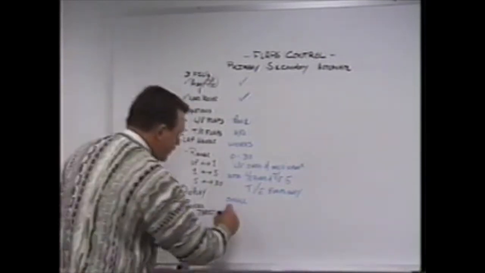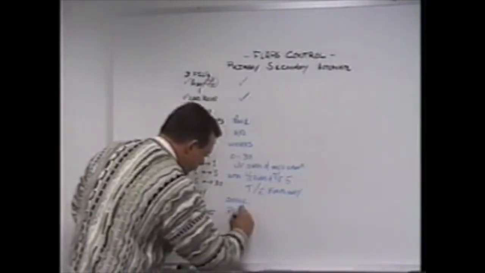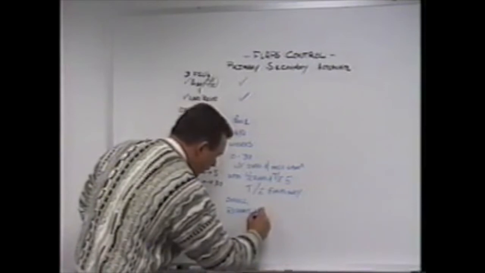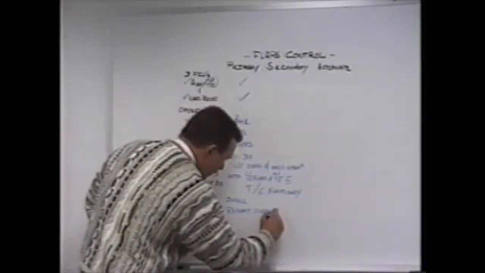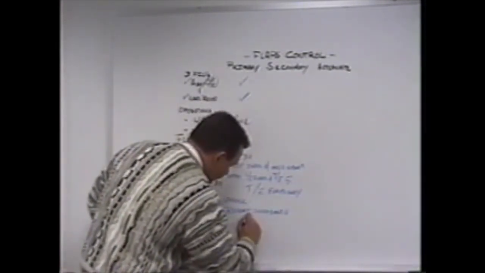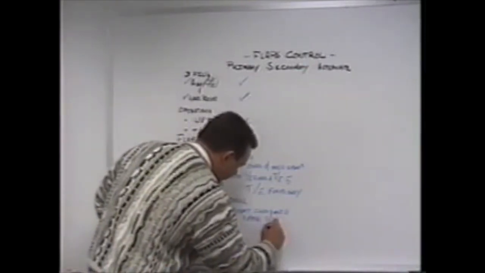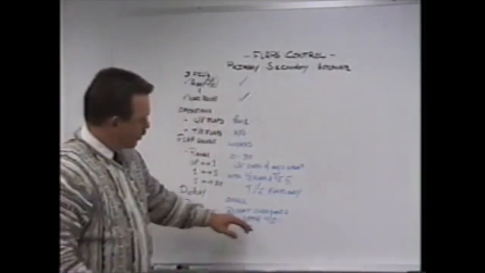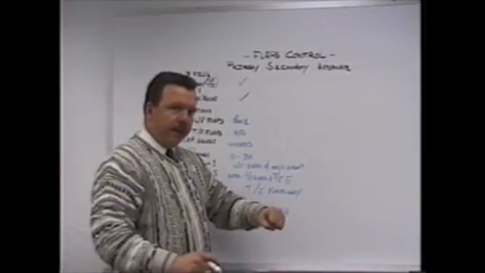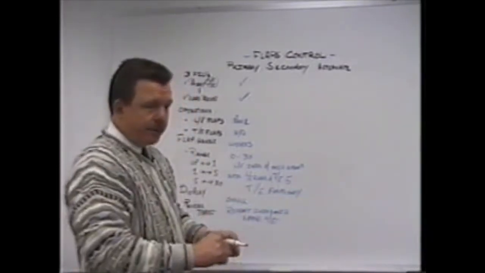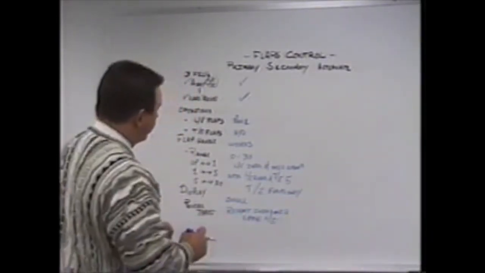Going into reverse thrust will retract inboard and mid-span leading edge flaps. So going into reverse thrust will automatically retract the inboard and mid-span leading edge flaps. As you come out of reverse, there's a short delay and those leading edge flaps will redeploy.